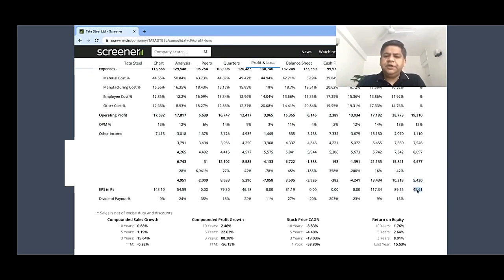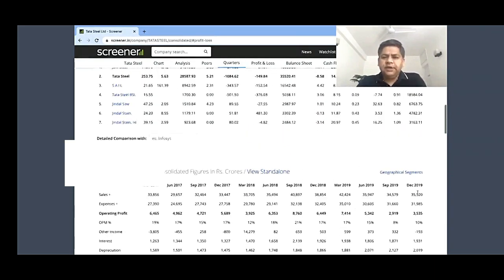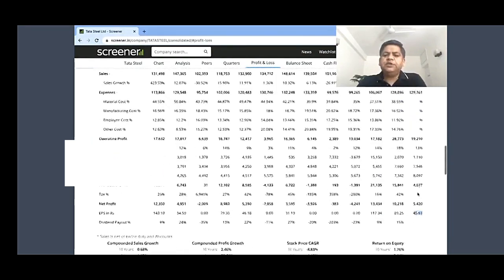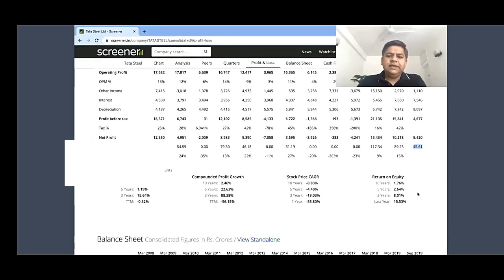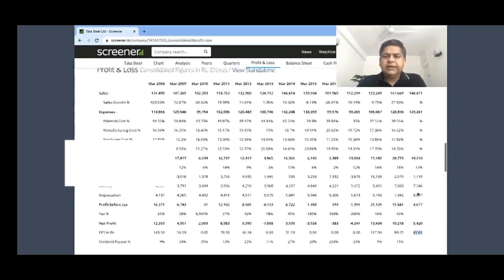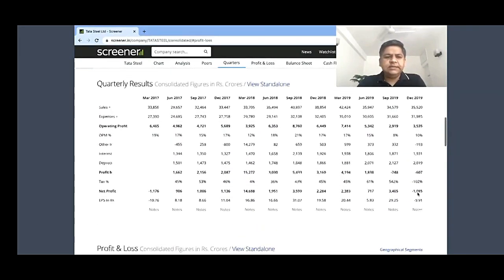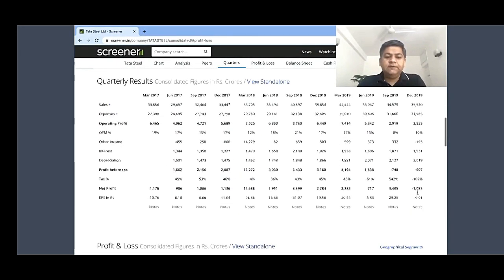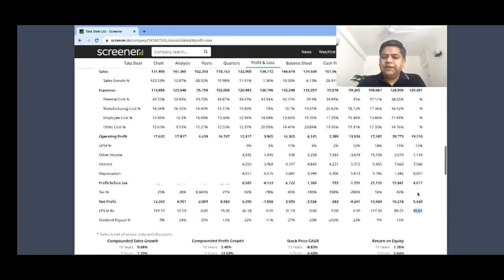Then you have something called EPS. EPS is earning per share. So 45 rupees of earning a company has made on its one share, and obviously they declare it on every quarterly result. If you see on every annual report, at the time of the annual report, whatever will be the total earning, they will divide by the number of shares, and that's how they come up with earning per share.